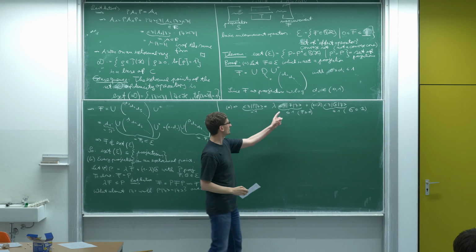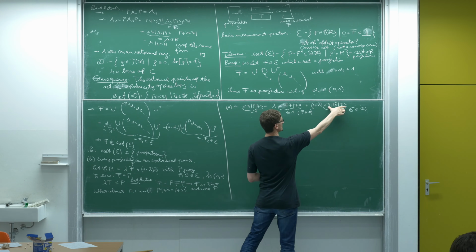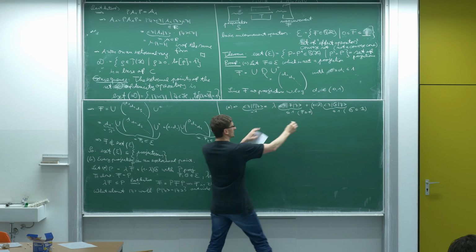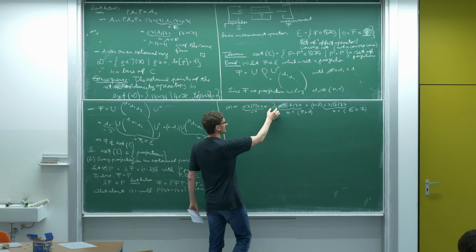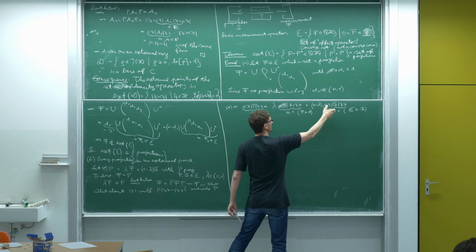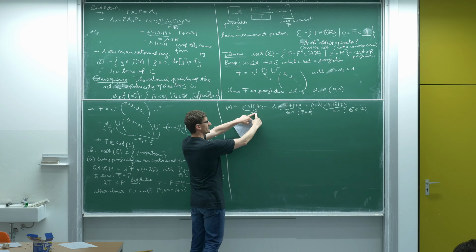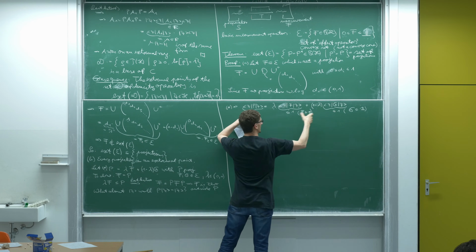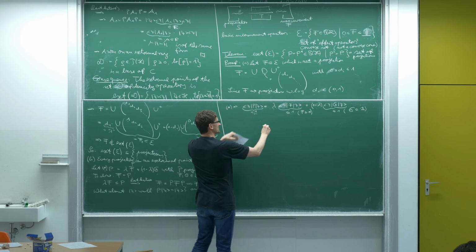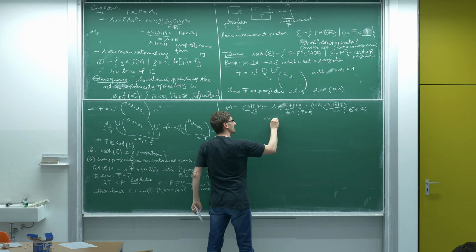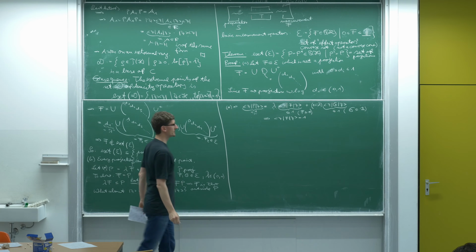But now, if any one of these numbers were truly smaller than 1, then the expression on the right-hand side would be strictly smaller than 1, because lambda plus 1 minus lambda is exactly equal to 1. And if one of the multipliers is smaller than 1, then we cannot get to 1. So this in fact implies that this is equal to 1.